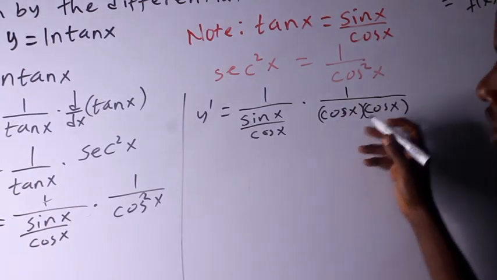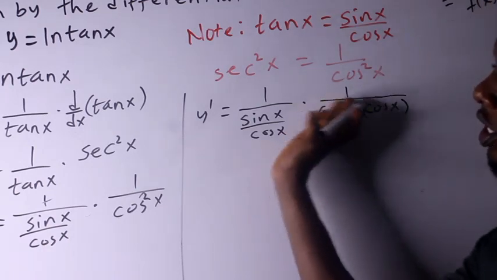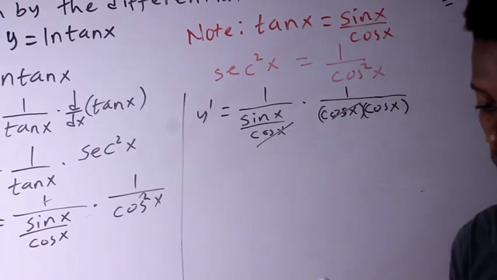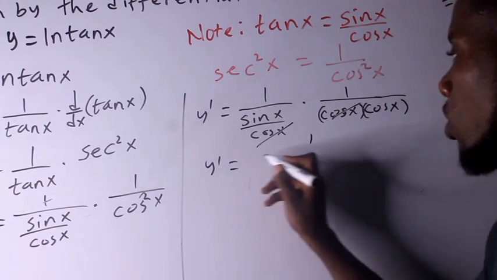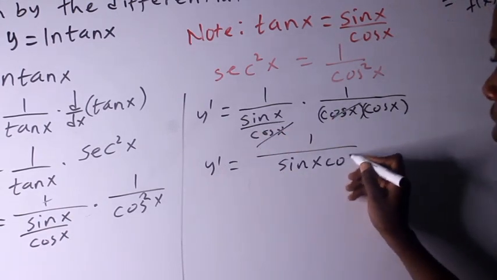Because this is in the numerator and this is in the denominator, they are going to cancel out. So one of the cos will cancel out, and then you just have y prime is equal to 1 over sine x cos x.